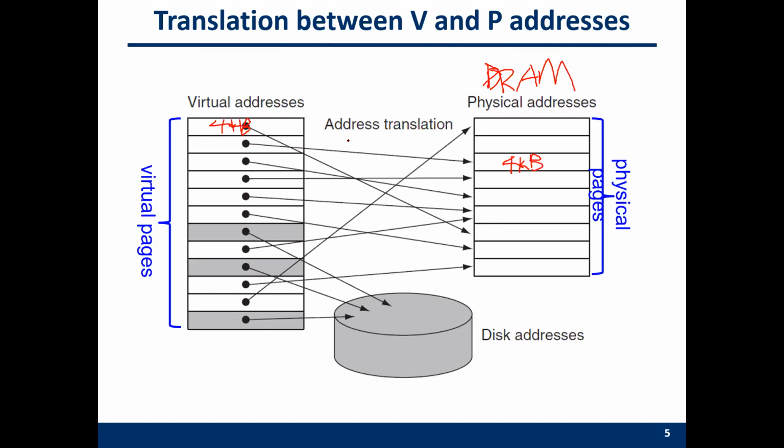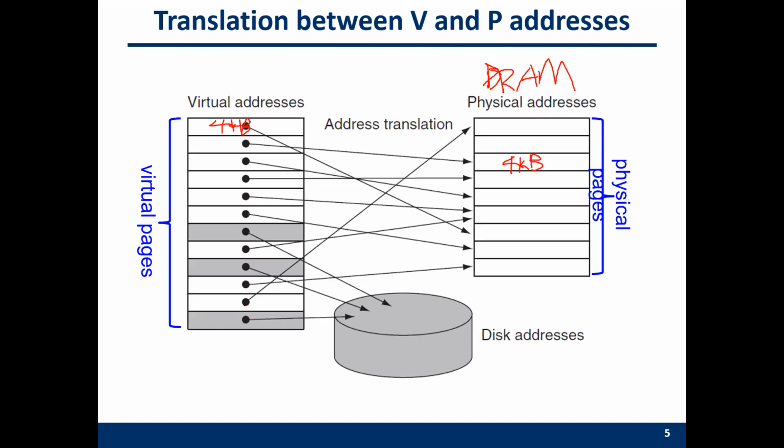Even if your virtual memory is consecutive, your physical memory does not necessarily need to be consecutive. So the consecutive virtual memory can be mapped to discrete, isolated physical pages.